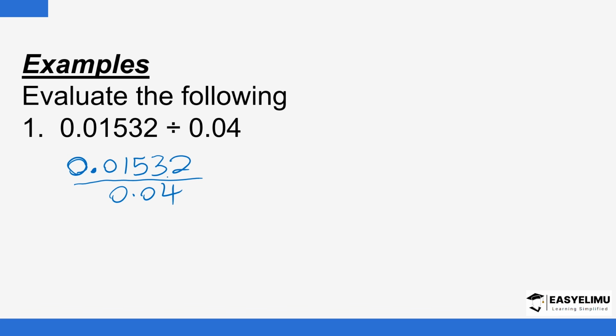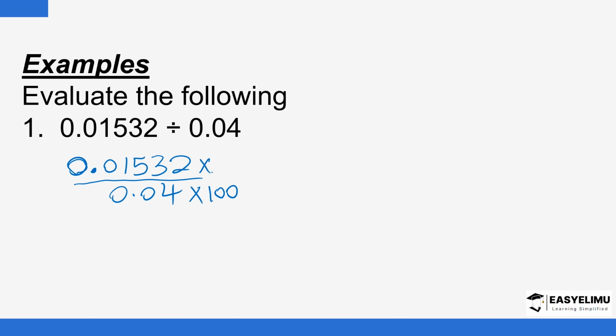So here, the divisor is the number at the bottom. What will make this divisor a whole number is when we multiply it by 100. So we multiply it by 100. You see that will move the decimal point to somewhere here, which will make this number 4.